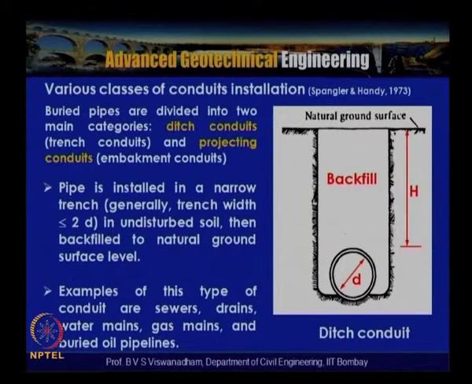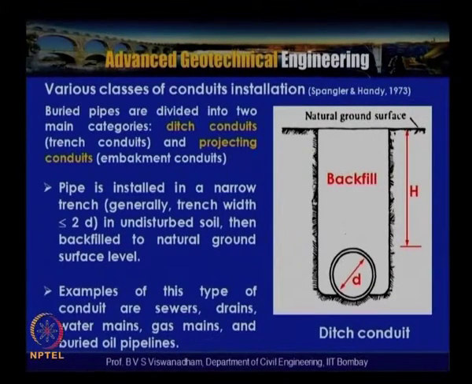The first are called ditch conduits, that is, conduits embedded in a ditch or a trench. As not all conduits can be put below the ground level, some of the conduits will be projecting out above the ground surface. They are called embankment conduits or projecting conduits.